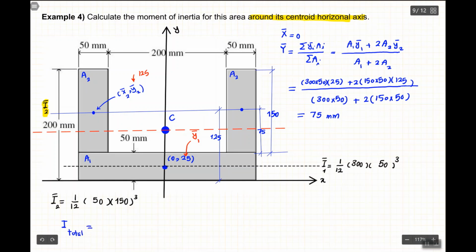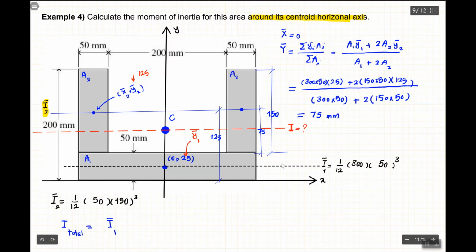So I total is equal to I bar 1. Remember, we are not allowed to add moments of inertia unless they are about one axis. This is I bar 1, but we are looking for the moment of inertia about this axis, right? This is what we are after.